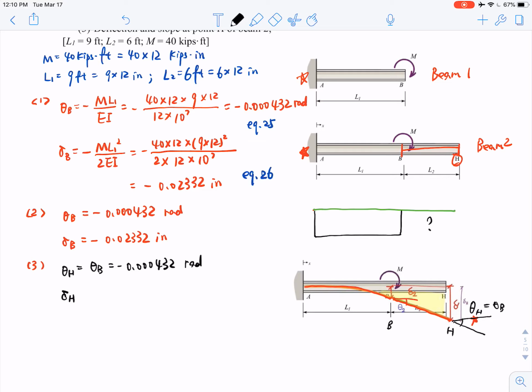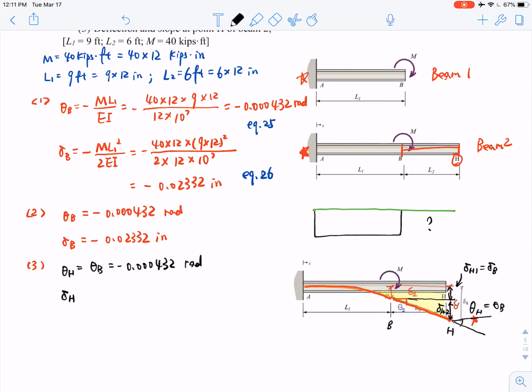Then how about delta H, the deflection at point H? So here, this deflection at point H can be split into two parts, and the first part, delta H1, is actually the same as delta B. And you have the second component, delta H2, from here to here.